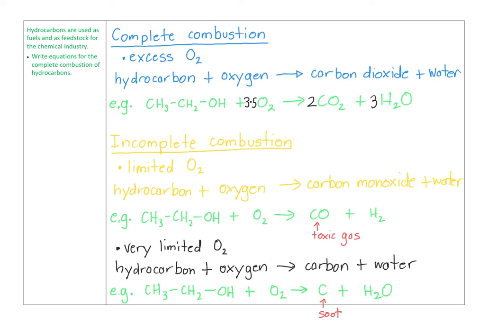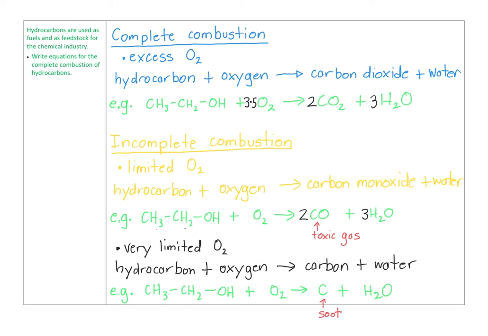So, again though, how do we balance this equation? Well, we've got 2 carbons on this side, so we need 2 carbons here. We have got 6 hydrogen, so we need 3 H2O. Sorry, I made a mistake there. That should be 3 H2O.